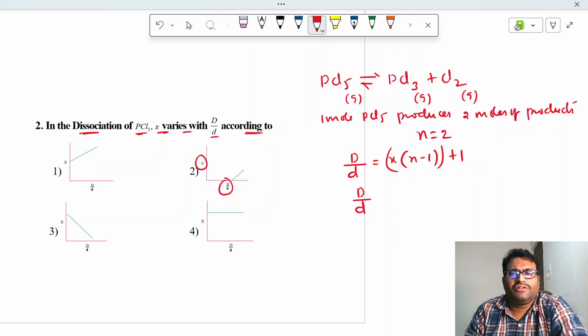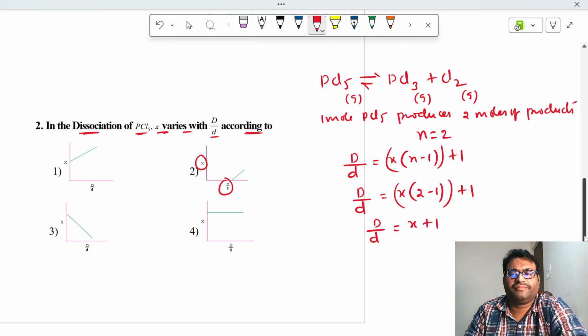This is equal to x into (2 minus 1) plus 1. So D by d is equal to x into (2 minus 1), x plus 1.